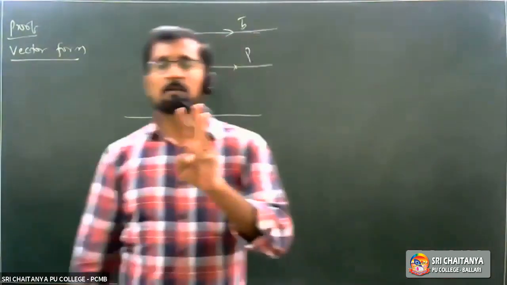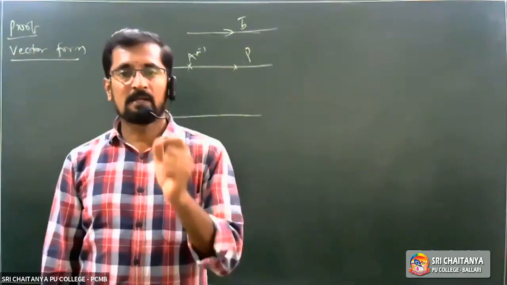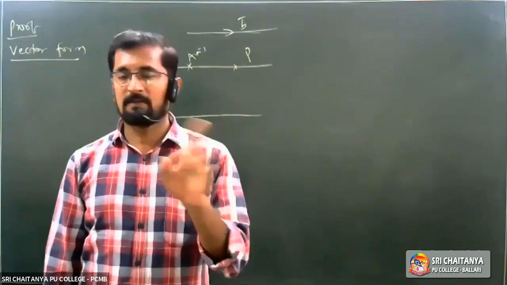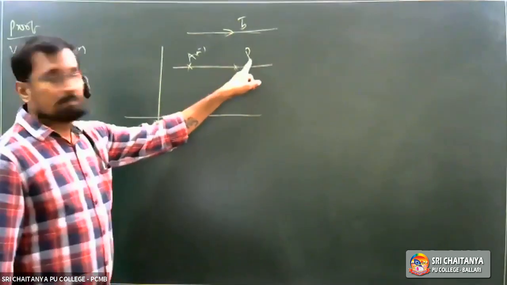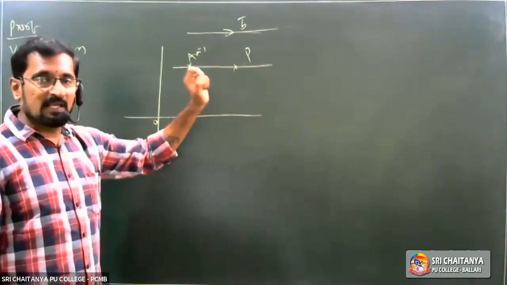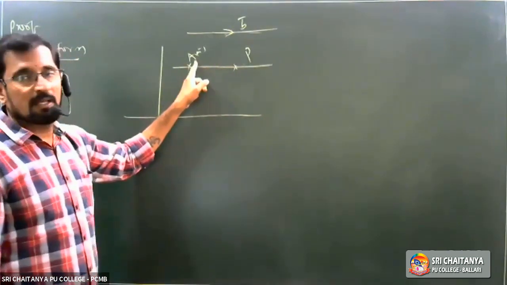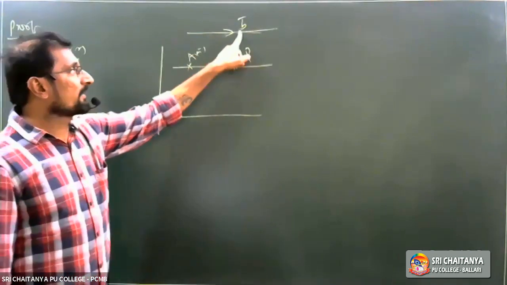Okay, three statements in only one line. Let O be the fixed point. Let P be the point on the line. This line is passing through the point A and parallel to one vector B bar.